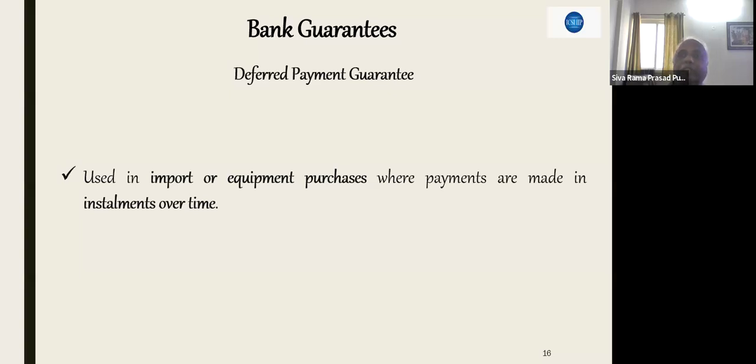If the next installment is not paid, again the bank pays the next installment. As long as the borrower or applicant pays the installment, there is no liability on the part of the bank.